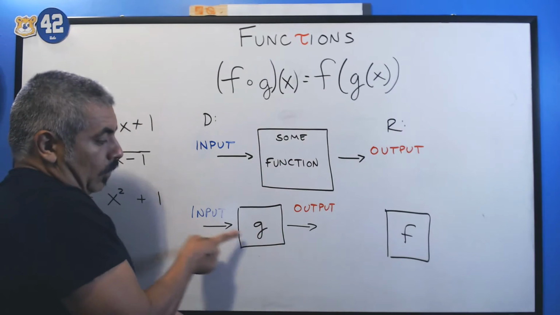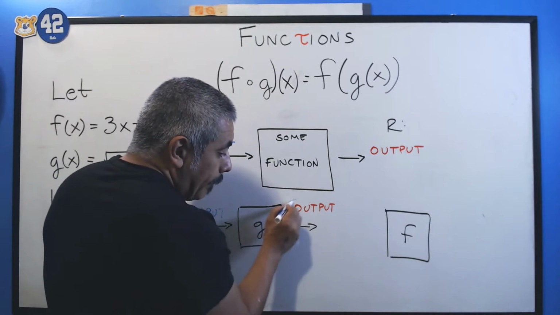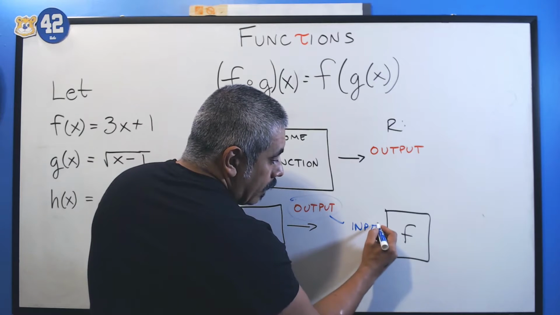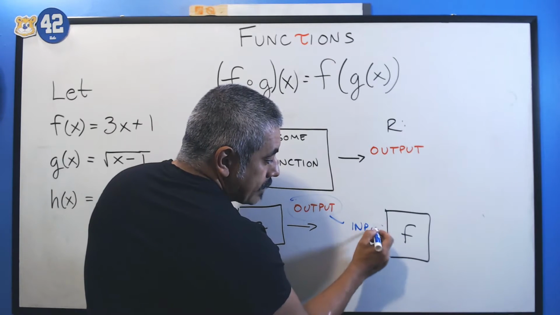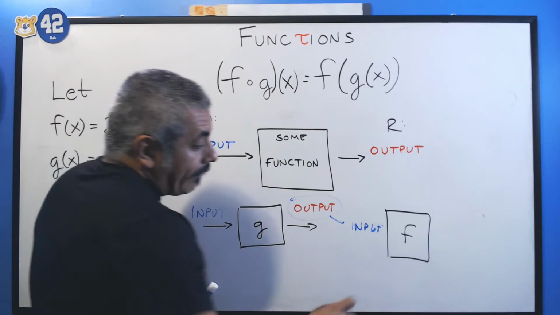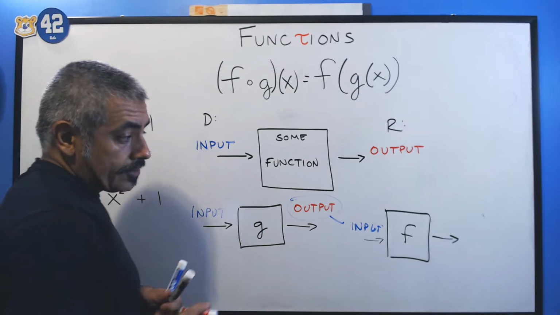The input goes into g, comes out as an output, but now that output becomes an input for f, and then f gives you its valid output, its range.